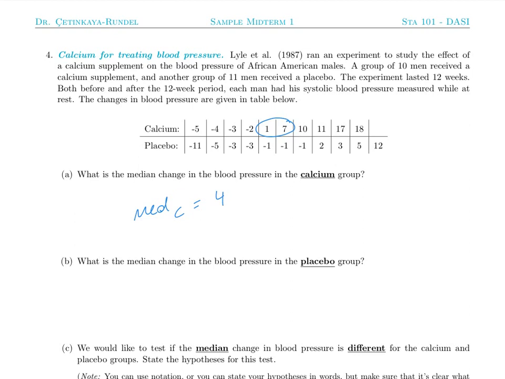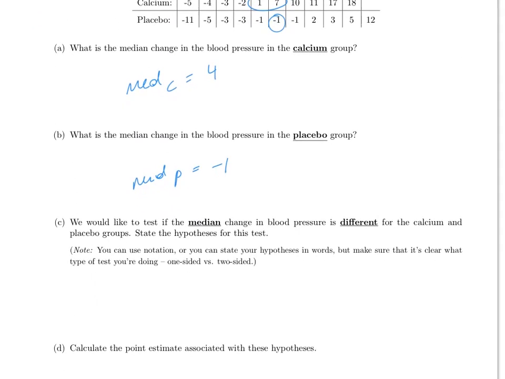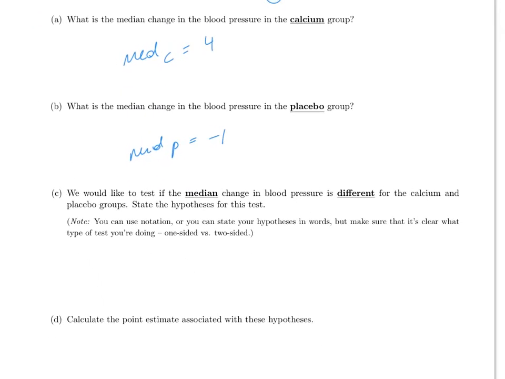-1. So the median for the placebo group is -1, right? So we would like to test if the median change in blood pressure is different for the calcium and placebo groups. What are the hypotheses? What should my null hypothesis say?